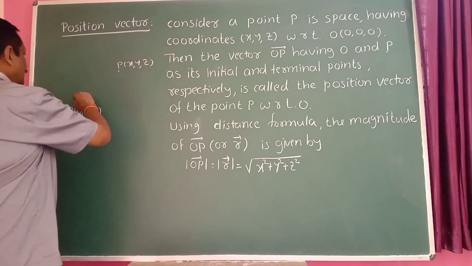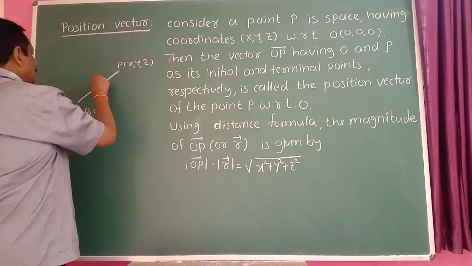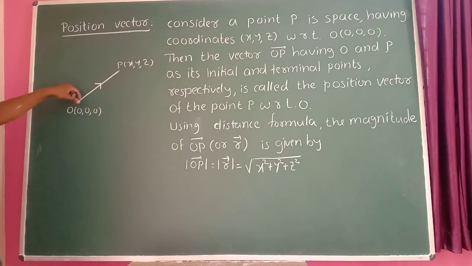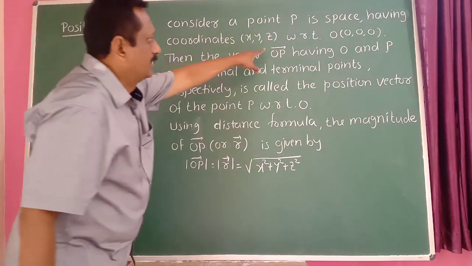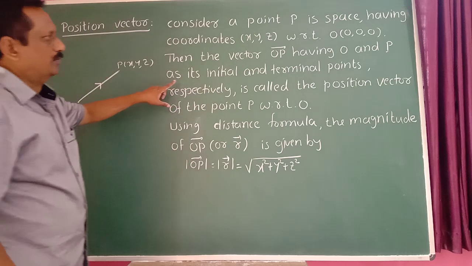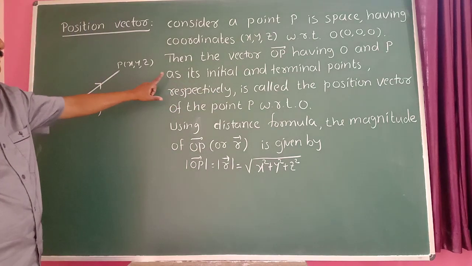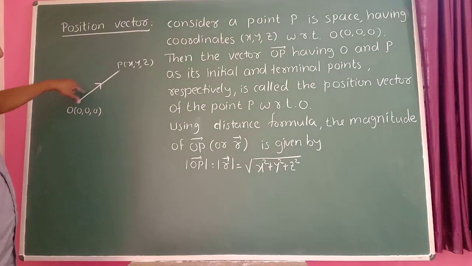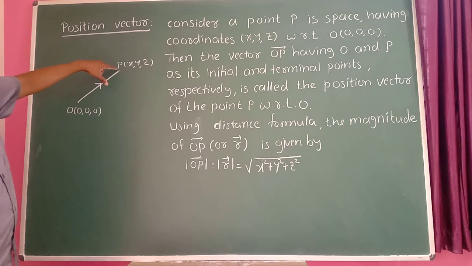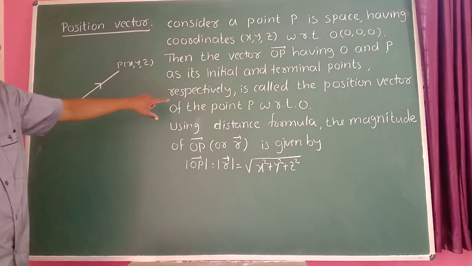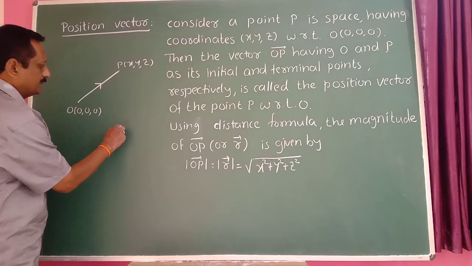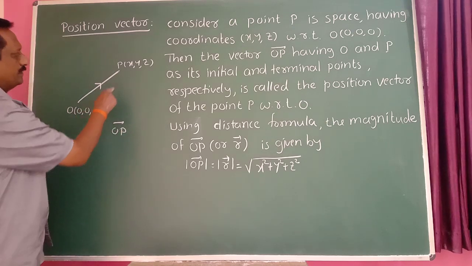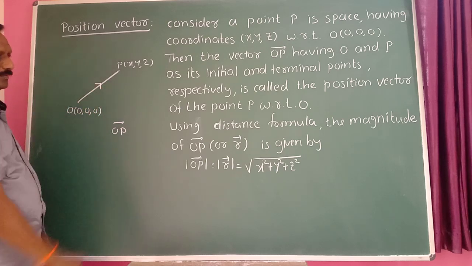If you join OP, then this becomes the position vector of the point P with respect to origin O. The vector OP bar has O and P as its initial and terminal points respectively. O is the initial point, P is the terminal point. OP bar itself is called the position vector of the point P with respect to O.